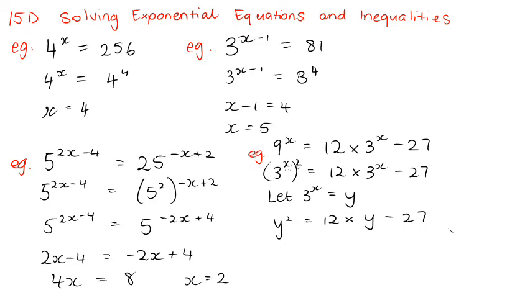I'm going to take everything onto the left-hand side, so I get y squared minus 12y plus 27 equals 0. Can we see where we're going from here? And then you get the null factor, yeah.